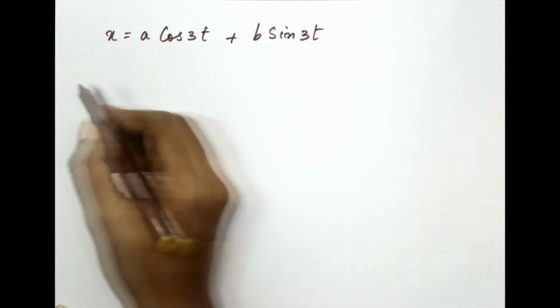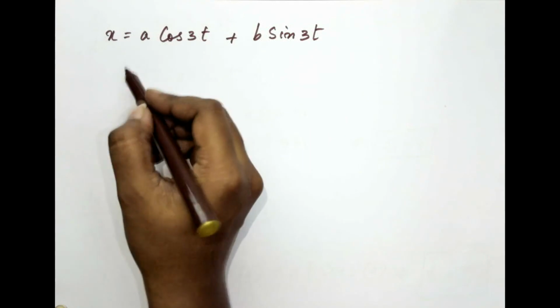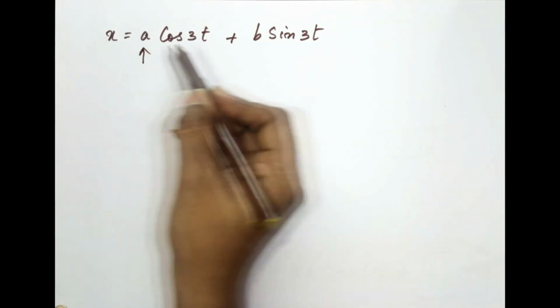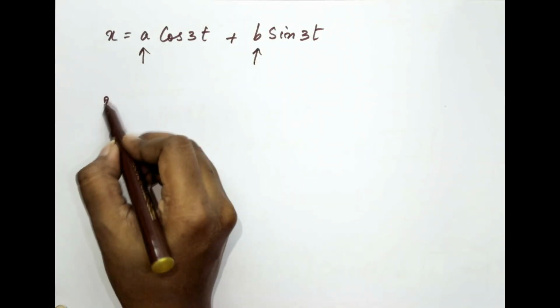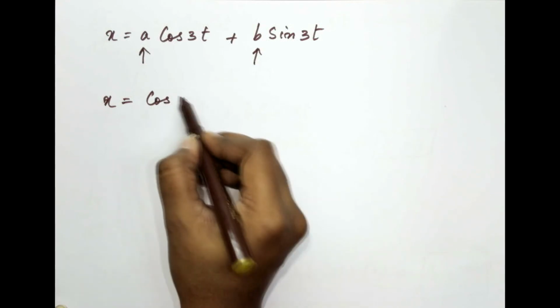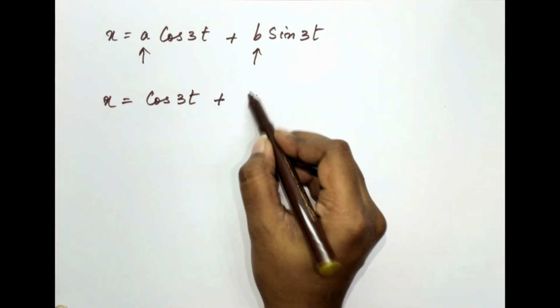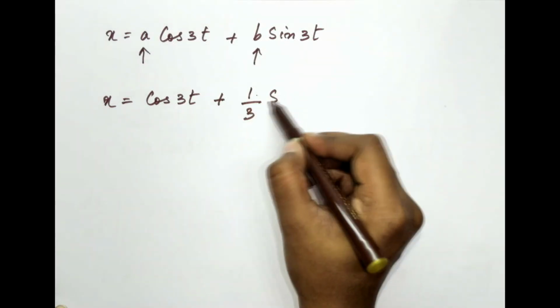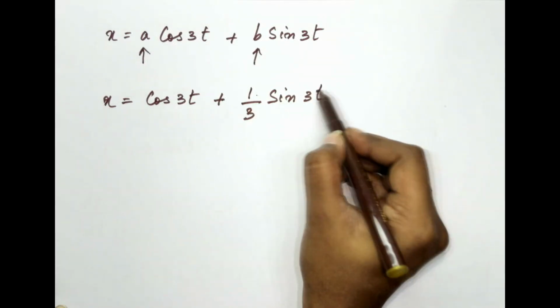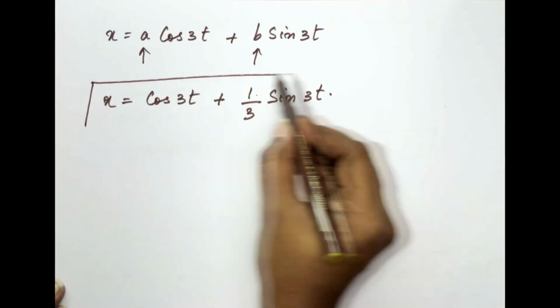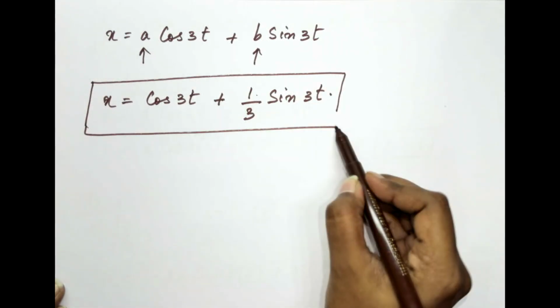This is the first equation that we wrote down. Now substituting the values of a and b, we get x equals cos 3t, because a is 1, plus the value of b, 1 by 3, sine 3t. So this is the final solution.